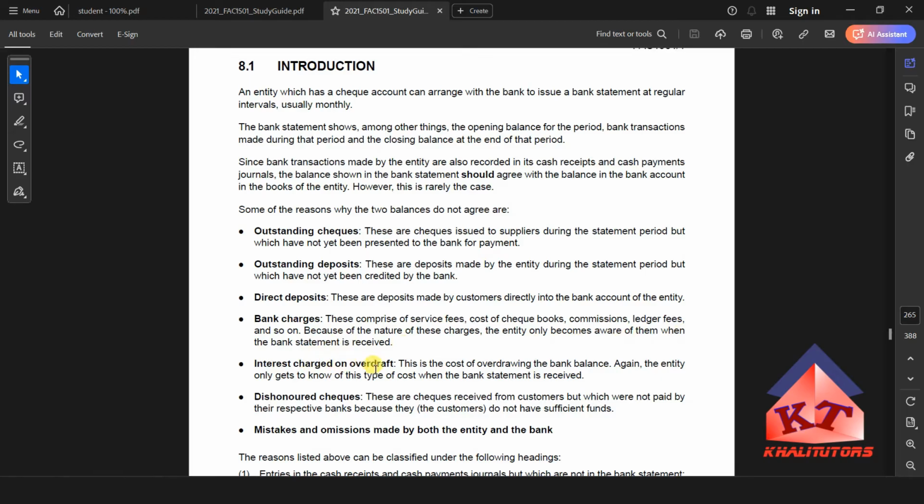Interest charge on overdraft is the cost of overdrawing the bank balance. Again, the entity only gets to know of this type of cost when the bank statement is received. Dishonored checks are checks received from customers but which were not paid by their respective banks because the customer does not have sufficient funds.